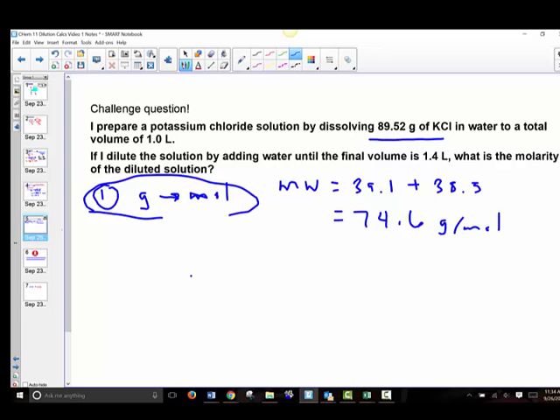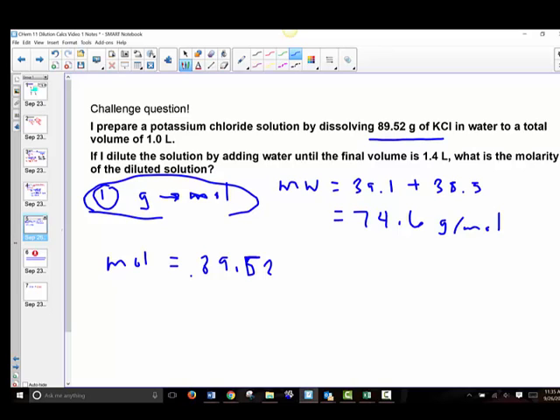So then the next step here is we need to get from grams into moles, and I'm starting with 89.52 grams. So what I want here is going to be moles of potassium chloride, and what I have is 89.52 grams. Sorry about my pen here, it's not really behaving itself.